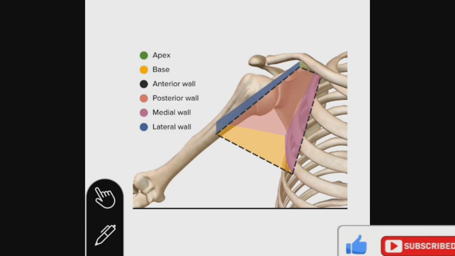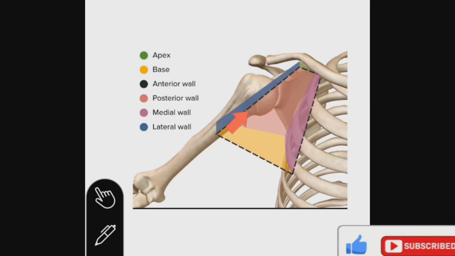The anterior wall is formed by the pectoralis major, pectoralis minor, and the subclavius. It's formed by the pectoral muscles, while the posterior wall at the back is formed by the subscapularis and the teres major. The medial wall is formed by the serratus anterior, and then the lateral wall is formed by the intertubercular sulcus of the humerus.